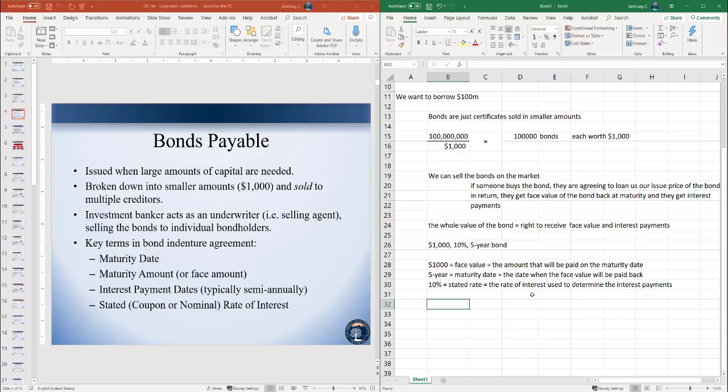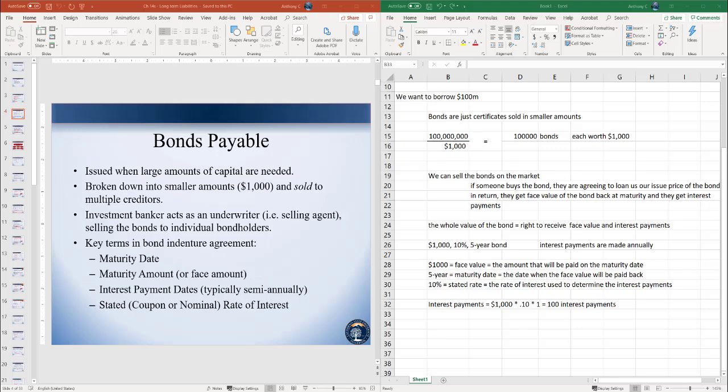Let's say for this bond, interest payments are made annually. To calculate the interest payments, take your principal of 1,000, multiply by the stated rate of 10%, and then multiply by time. Since interest payments are made annually, the time variable here will just be 1. And so we have $100 interest payments.